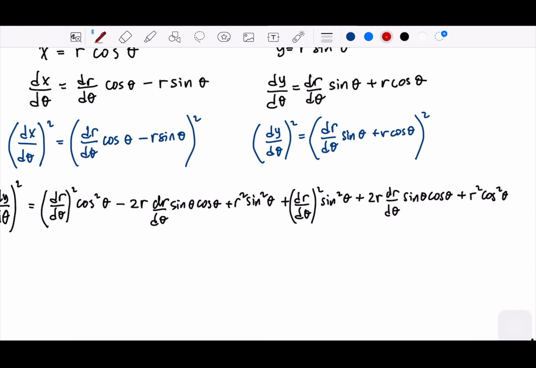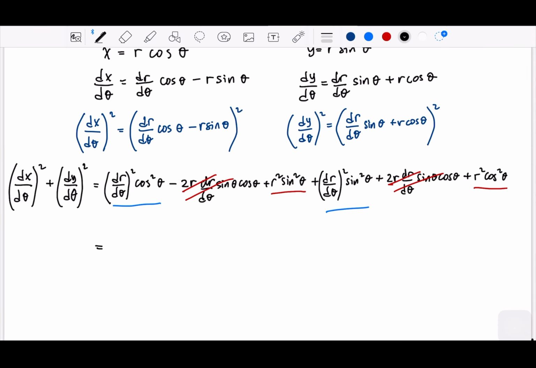Okay, notice that we can cancel this, right? And then we can take this and this, also this and this, because sine squared plus cosine squared is 1, right?